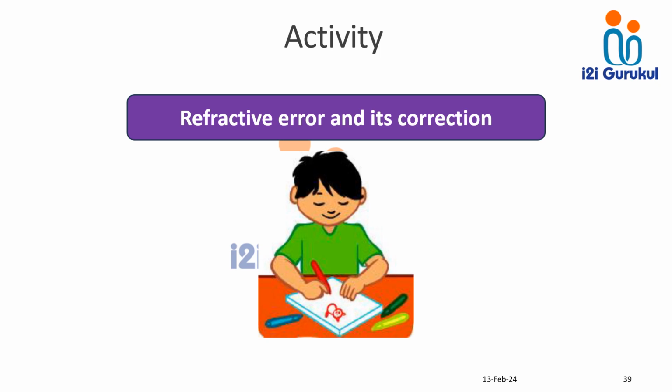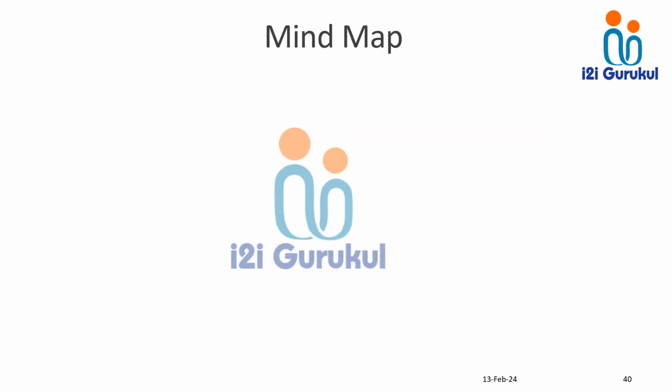That will help you to hold a conversation confidently. So this is the activity you can do with your own medical records, based on what we learned during this session today. Now this is the mind map we can recall.